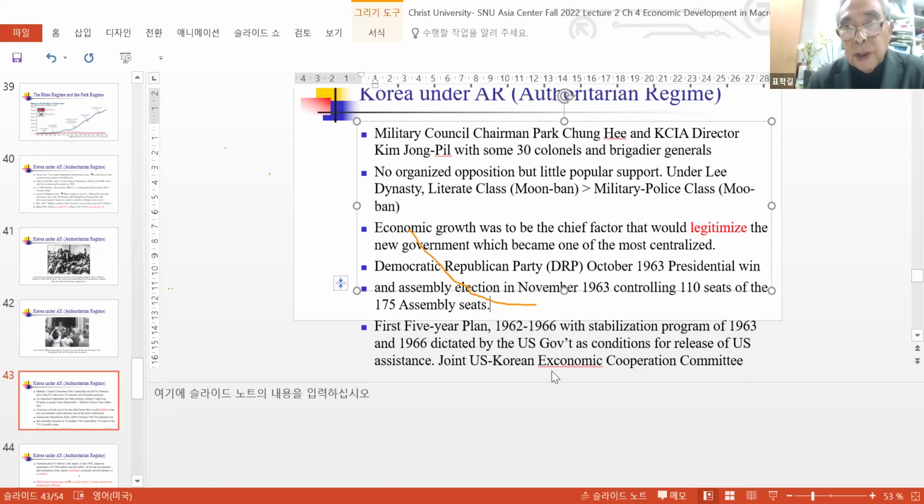A Joint U.S.-Korean Economic Cooperation Committee was formed. So with the help of the U.S. administration, Korea stabilized its economy and started to pay attention to the first 5-year economic development plan.